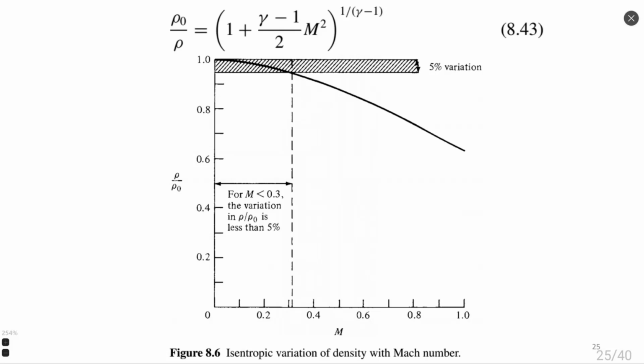According to function 843, density always changes, even for small values of Mach number. But for Mach number smaller than 0.3, the variation of density is smaller than 5%, a very small variation, which can be neglected, and we can consider the flow incompressible.